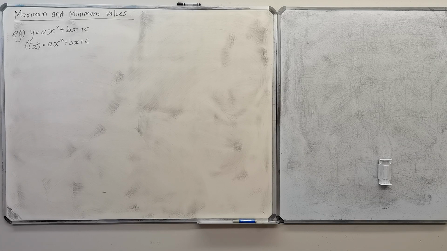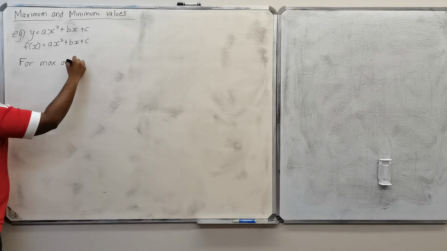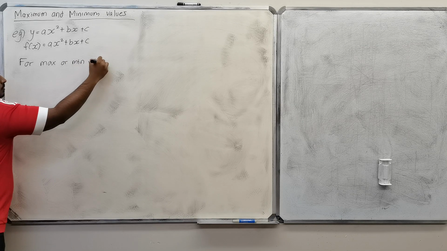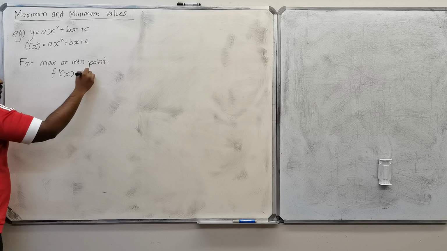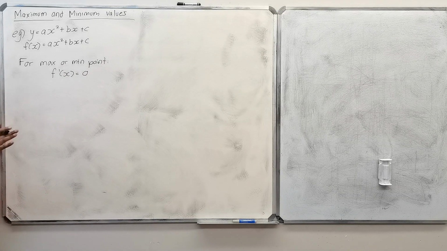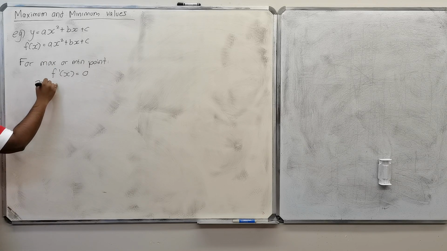For a maximum or minimum turning point, f'(x) is equal to 0. Your first derivative is equal to 0. So if you differentiate this equation, what do you end up with? 2ax plus b.